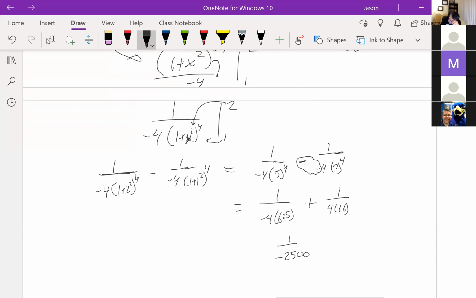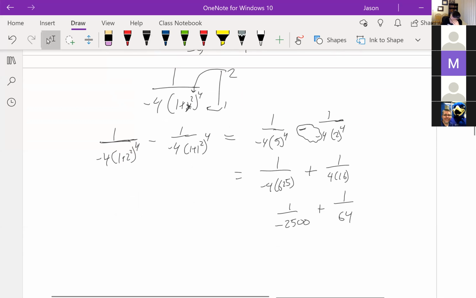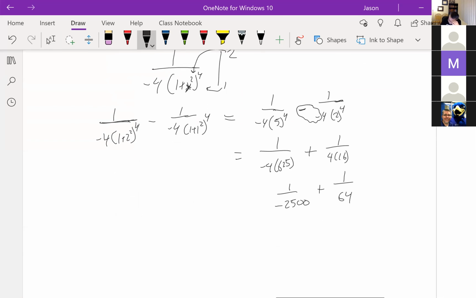-2500. Plus 1 over 4 times 16, which is 64. Common denominator here. The common denominator is actually 40,000. So -2500 times, I know that it's at least divisible by 4.